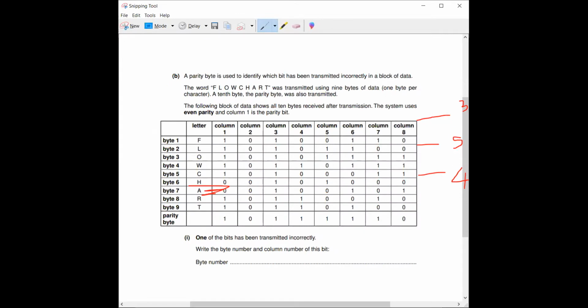No need to draw. You can take a screenshot, doesn't matter. Read the question carefully. You have to find out which column number and which byte number.